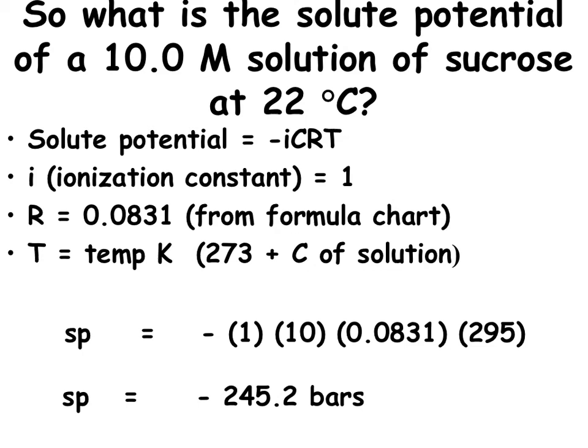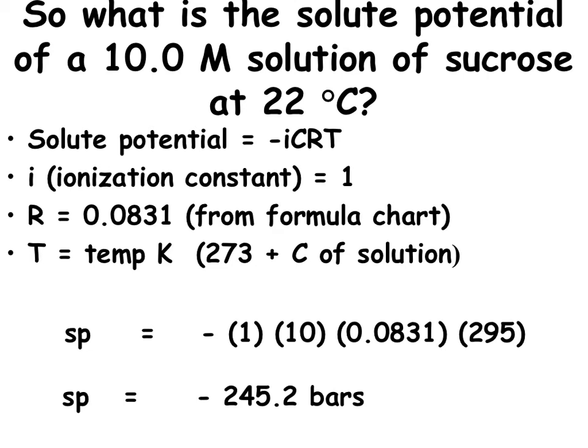So it says, what is the solute potential of a 10 molar solution of sucrose at 22 degrees Celsius? So again, you would be utilizing that formula that says it's negative I times C times R times T. Don't forget the entire thing is going to be negative because we are calculating solute potential, and solute potential numbers are always negative.